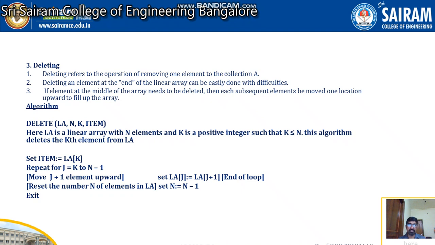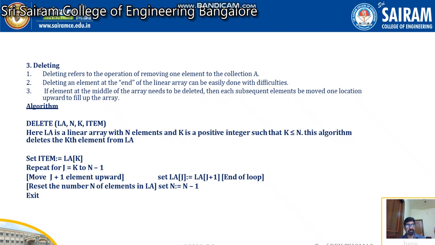When it is insertion, all the subsequent elements are moved one location downward. When it is deletion, I repeat, all the subsequent elements are moved one location upward. So here is the algorithm for this.